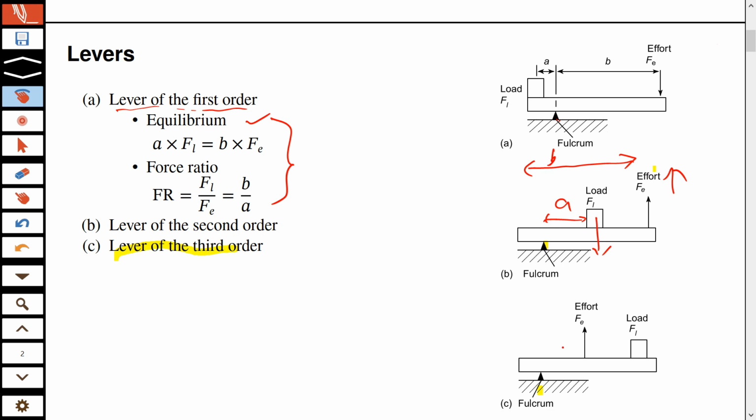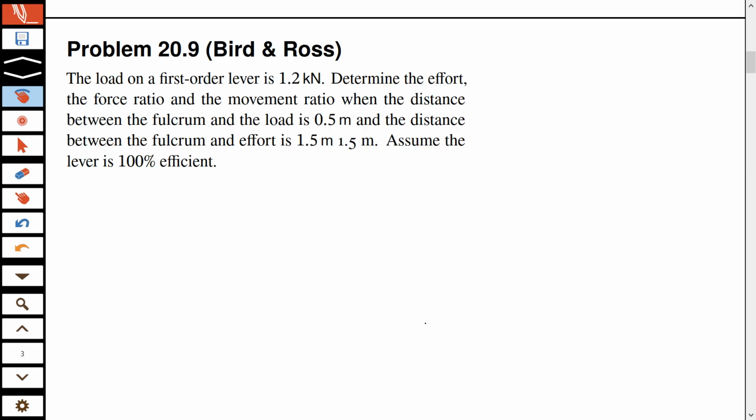And similarly here, you can call this B and you can call this A. And because these two forces are opposite, the moments will balance out and so on. So pretty standard. Let's see if we can solve a few problems related to that.